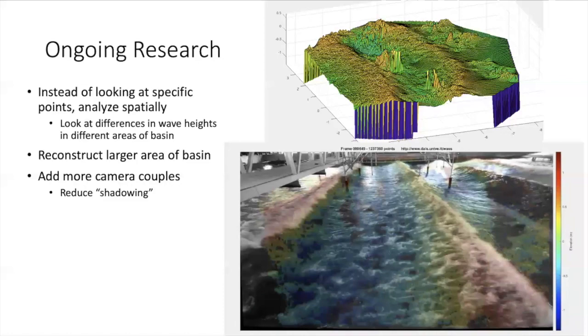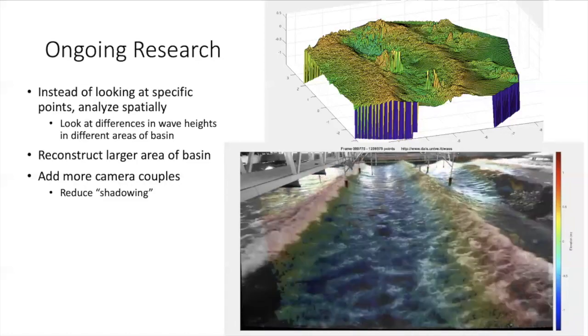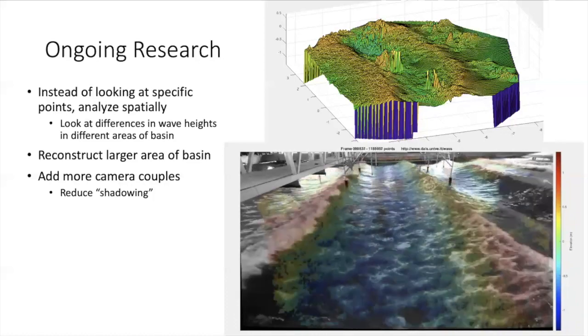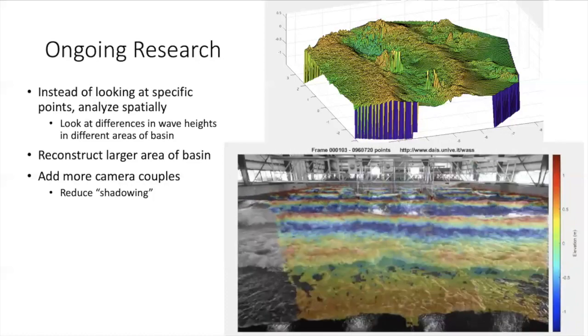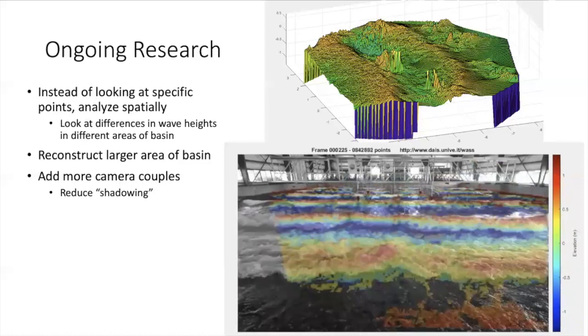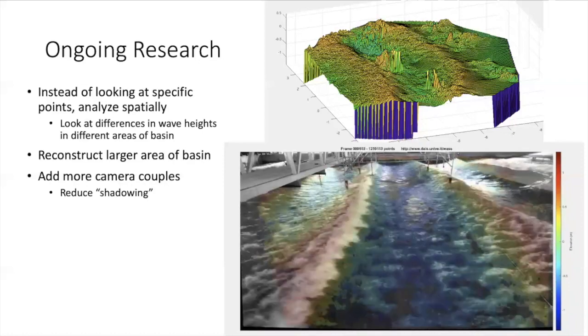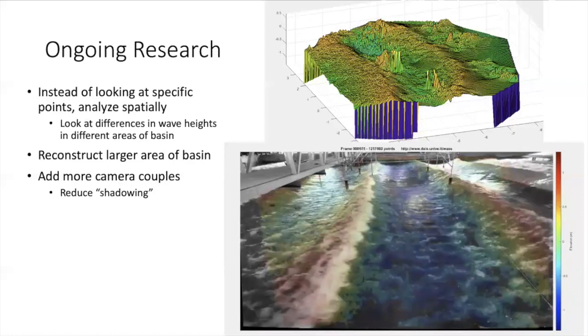We'd also like to try and reconstruct a larger area of the basin instead of just within the framing. The video in the bottom right shows what's going on currently. We've been widening the angles of the cameras and trying to capture the entirety of the basin instead of a smaller area.